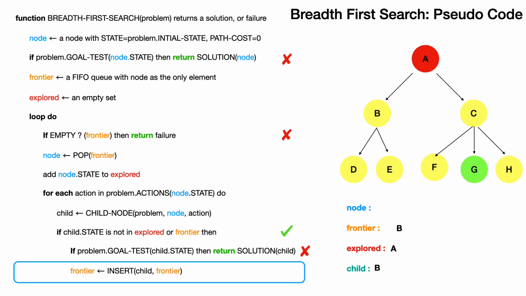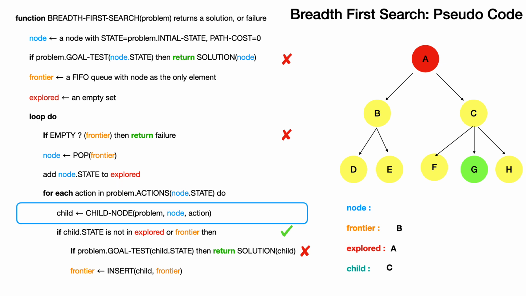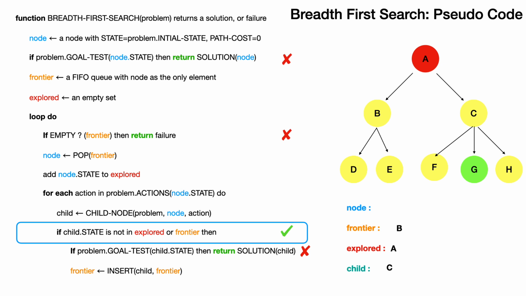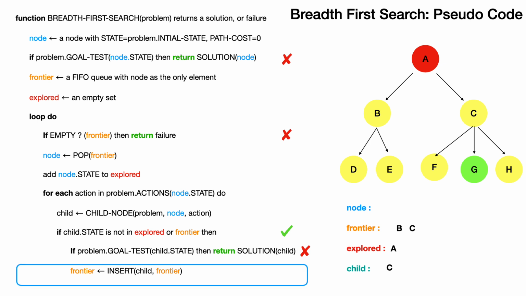If it is not a goal node, we keep it in the frontier. We have completed one child node, so the next child node is C. We take that and see if it is already present in explored or frontier. If it is not there, we test if it is a goal node or not. If it is not a goal node, once again we keep it in the frontier.